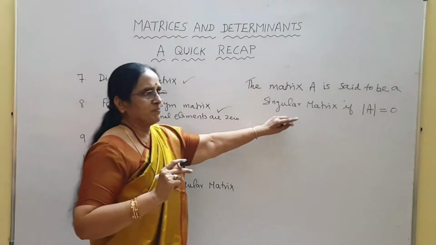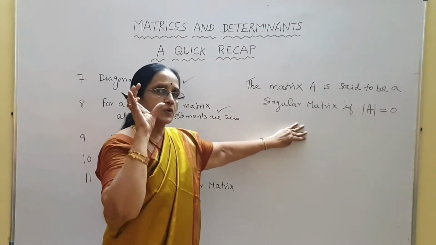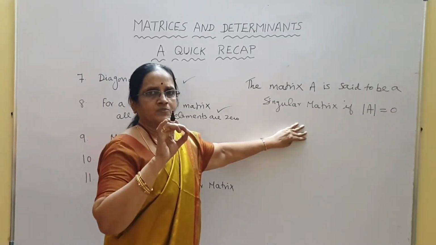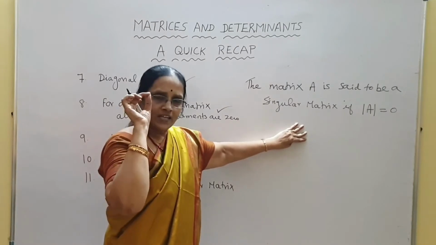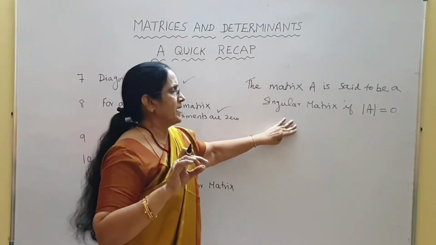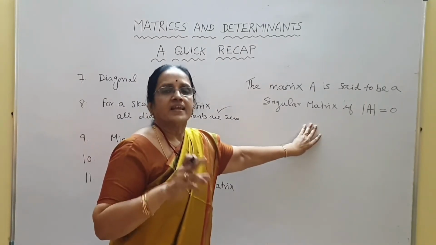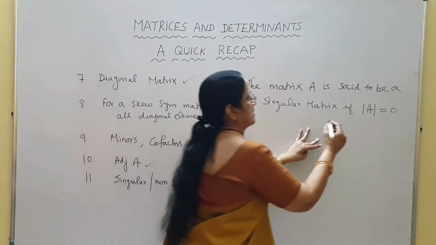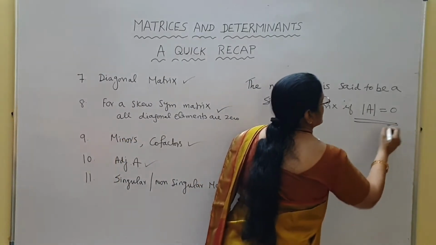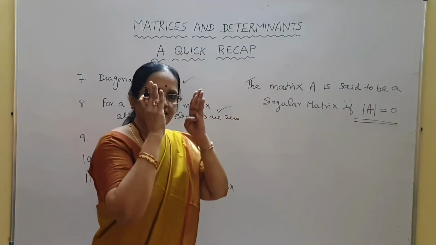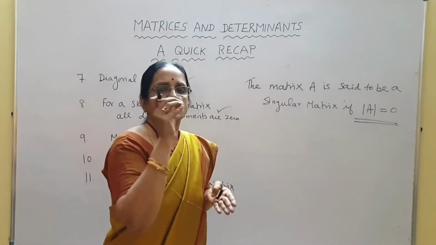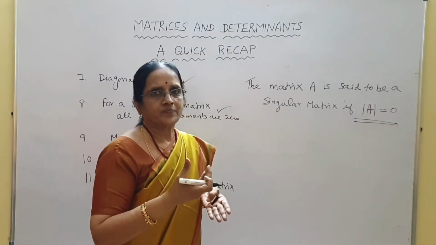This concept is important because they will give you a matrix with an unknown value. They will say, find out that unknown value if the matrix is a singular matrix. Immediately, this particular concept should come to your mind. You should equate its determinant value to 0 to get the unknown value.